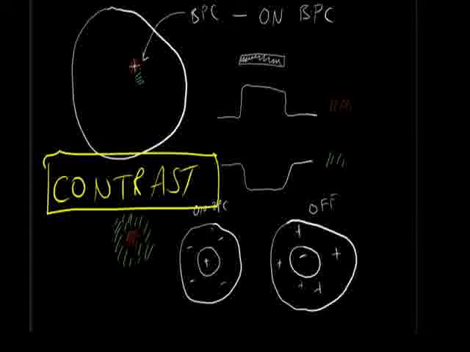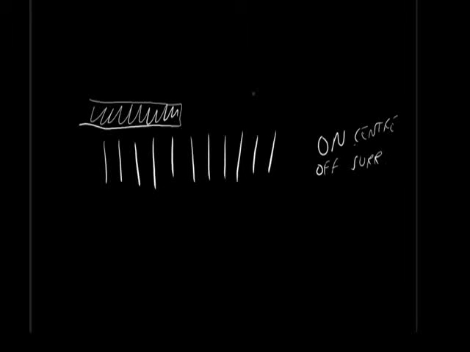So what this does is, imagine I put all my bipolar cells in a row like this, and let's say they're all on bipolar cells. Let's see what happens when we have an edge.